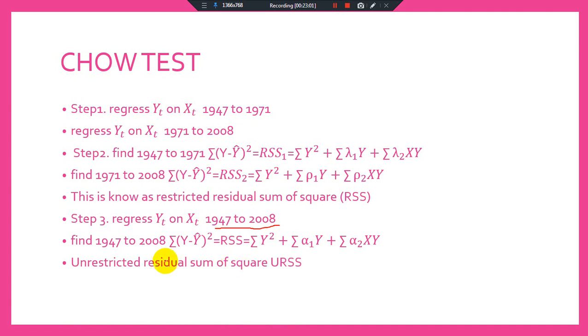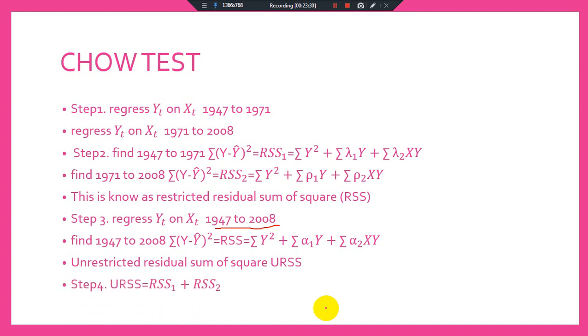This residual sum of squares is unrestricted because here we have not put any type of restriction, so technically this is called the unrestricted residual sum of squares. Some books write it as URSS, and some books call it RSS3, and so on. So this is our unrestricted residual sum of squares.